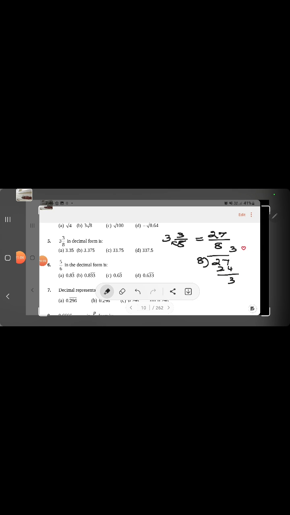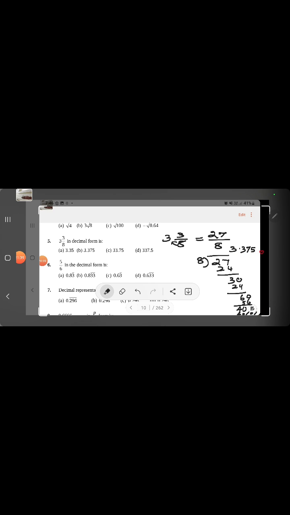This is smaller than 8, so put a decimal point and put 0. So again 3 times 24 and here the remainder is 6 and put 0 again and this is 7 times 56 again and the remainder is 4, again 0, 8 times 5 is 40. So here we get the remainder as 0.